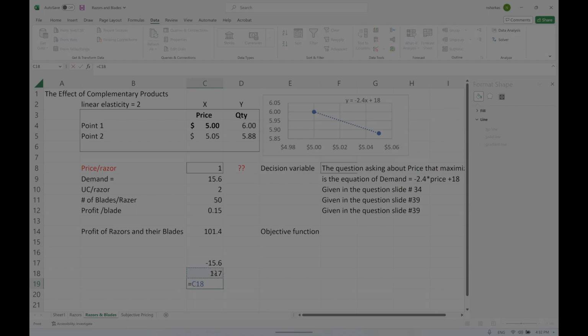And then this is where the, wait a minute. This is plus, because it's already negative. And this is where you've got your 101.4 million in profit from.